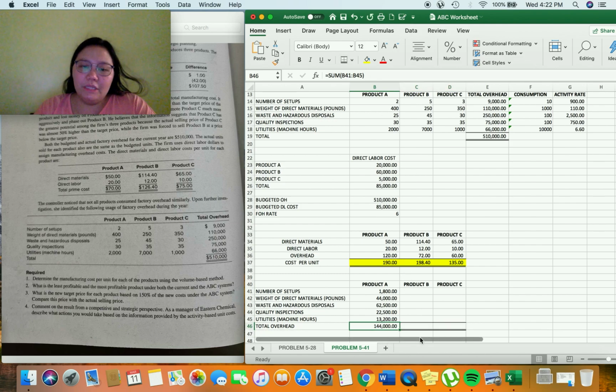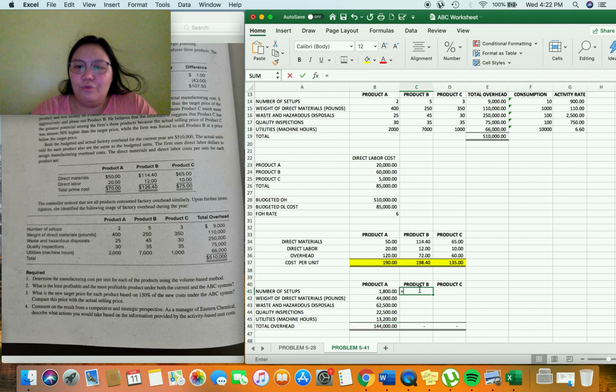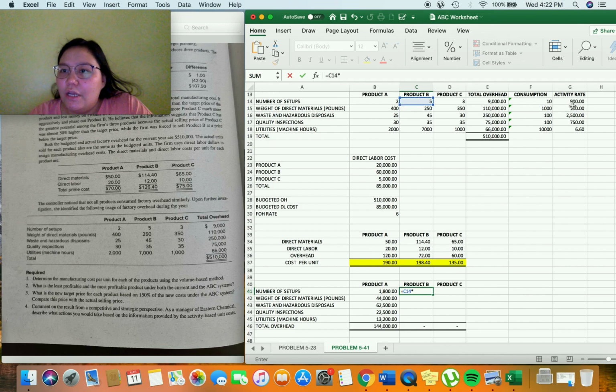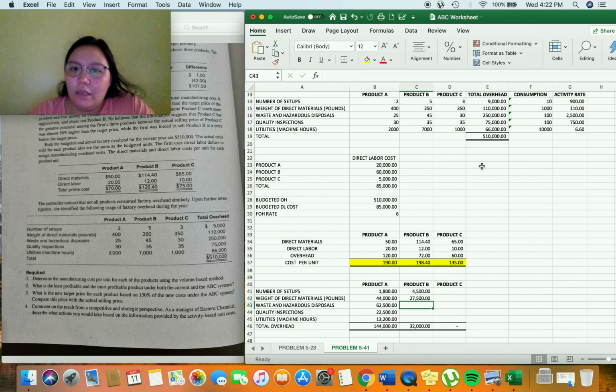So we'll repeat the same process for products B and C. Okay? So same process lang din naman. Number of setups, 5 times 900. Diba? And then weight of direct materials, we have 250 times 110. Waste and hazardous disposals, we have 45 multiplied by 25. Quality inspections, we have 35 quality inspections multiplied by 750.